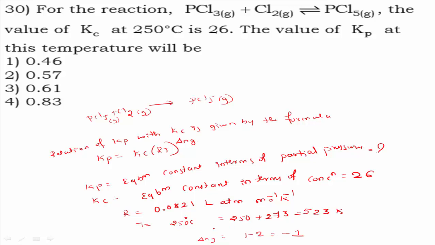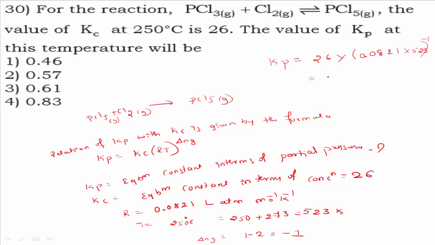Putting all these values in the above equation, we get Kp equal to 26 into 0.0821 into 523 to the power of minus 1.